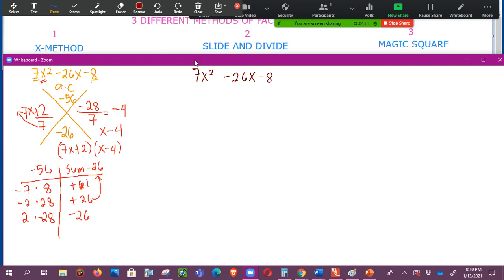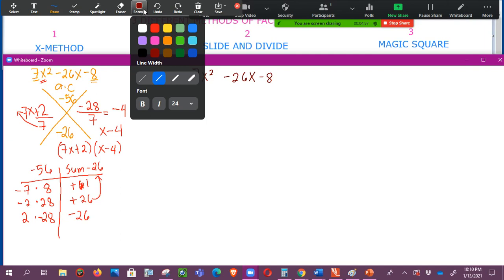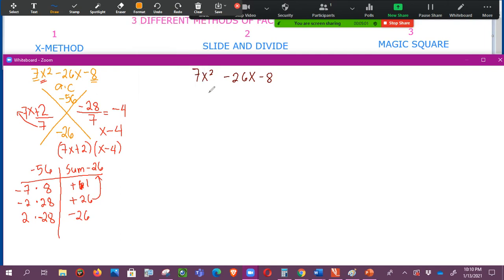The reason it is named slide and divide is because the process is like that. You slide the A value to the C value, negative 8. So that will become negative 56. We are rewriting the whole equation as x squared minus 26x minus 56.